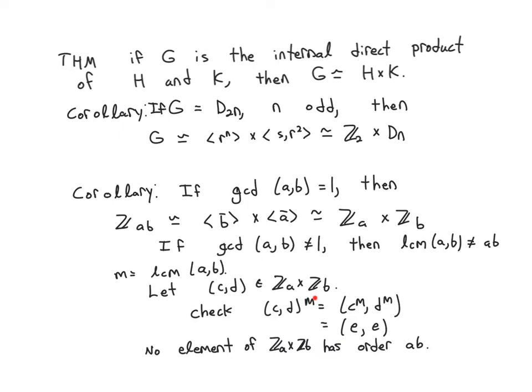Because their order is at most M, and M has to be smaller than A times B. And so none of the orders are big enough to include every element of the group. Therefore, we've actually proven the full theorem that Z mod AB is isomorphic to the direct product of C_A and C_B if and only if the GCD of A and B is 1.